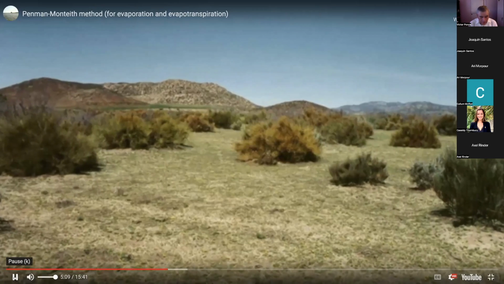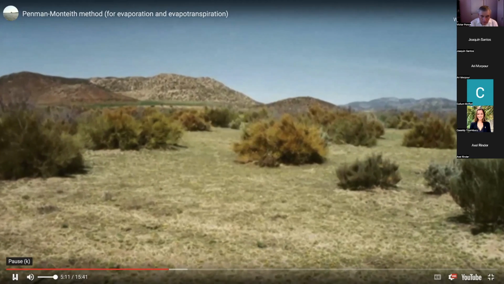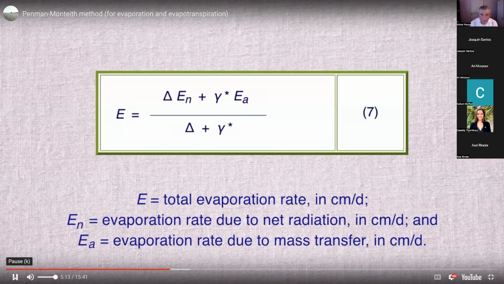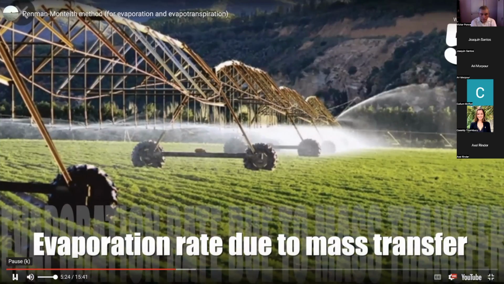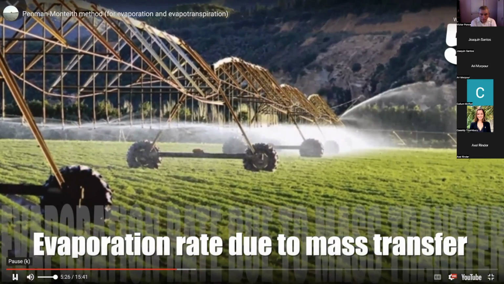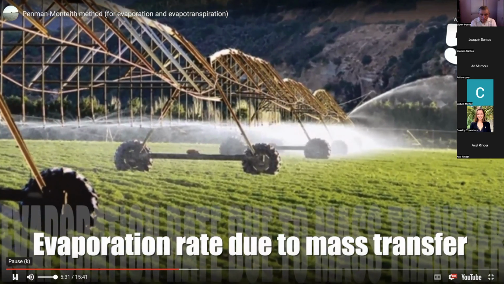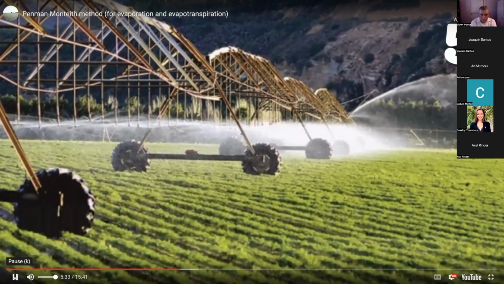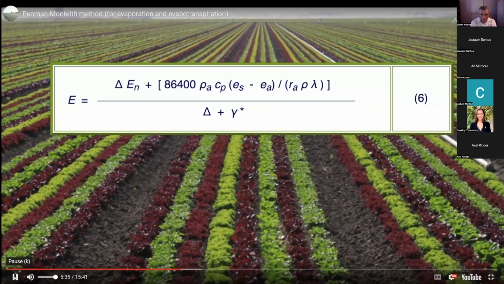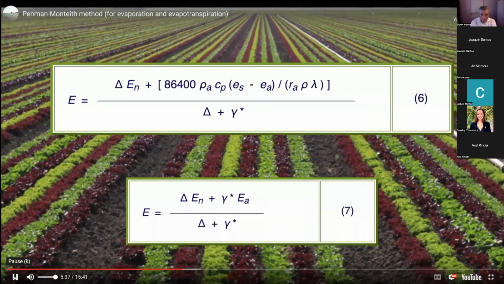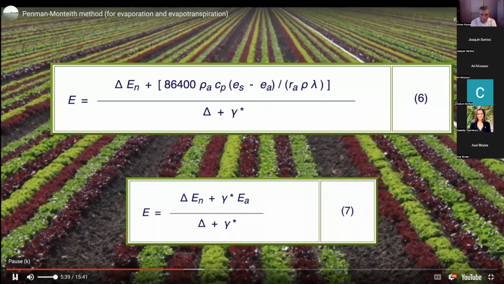Equation 6 may be conveniently expressed in Penman form as follows. Comparing equations 6 and 7, the evaporation rate due to mass transfer is obtained.